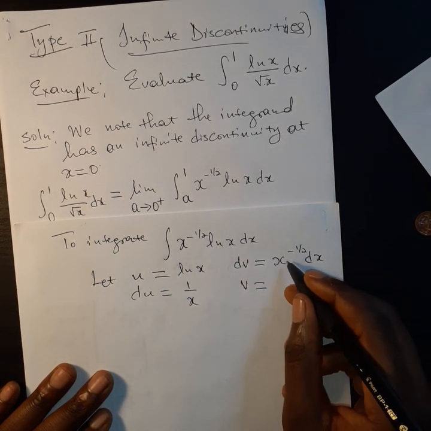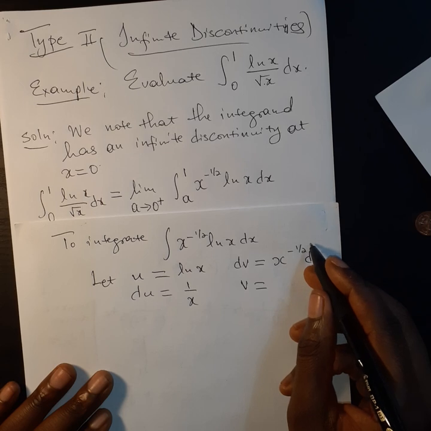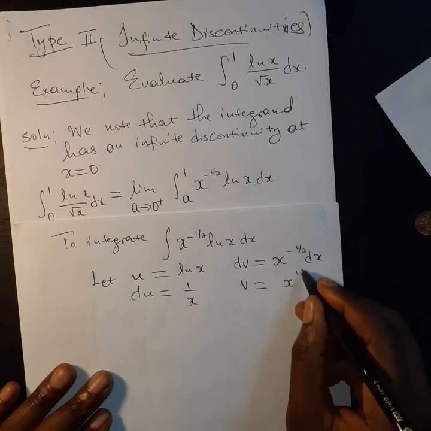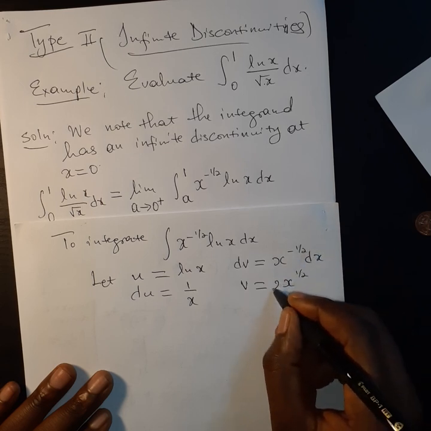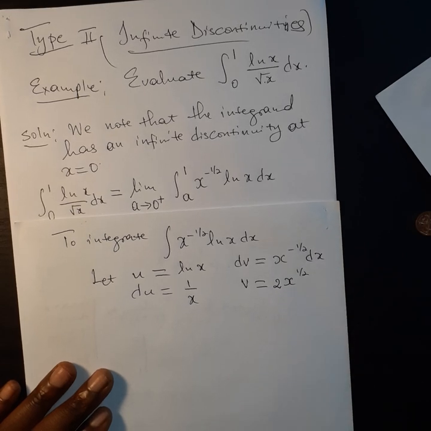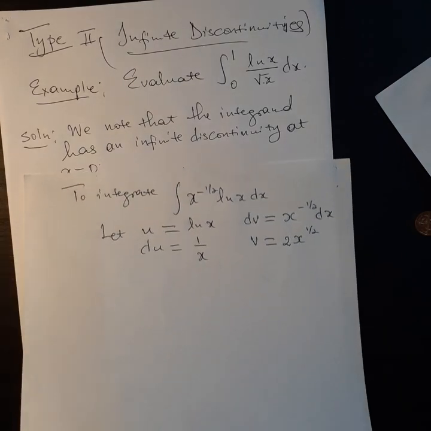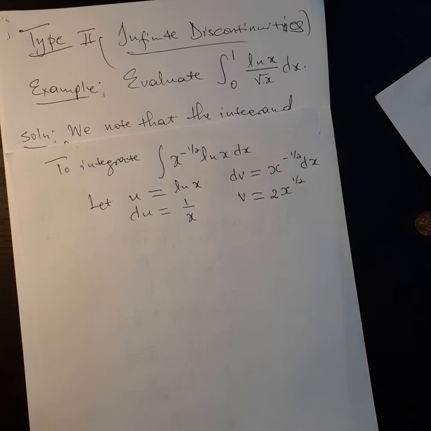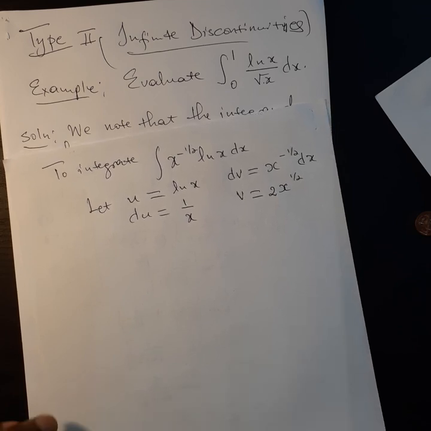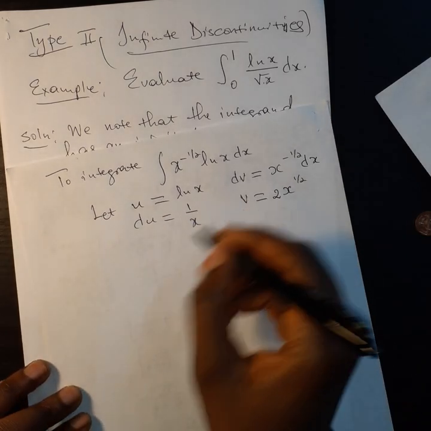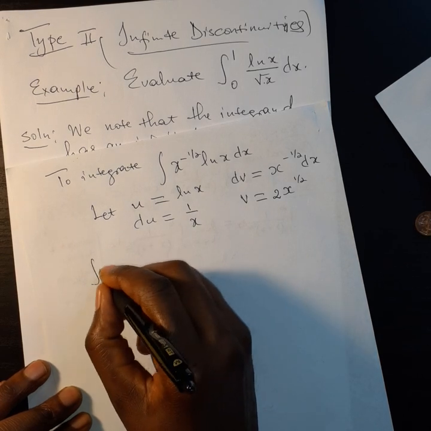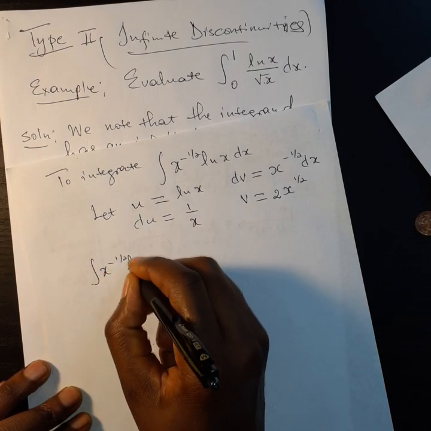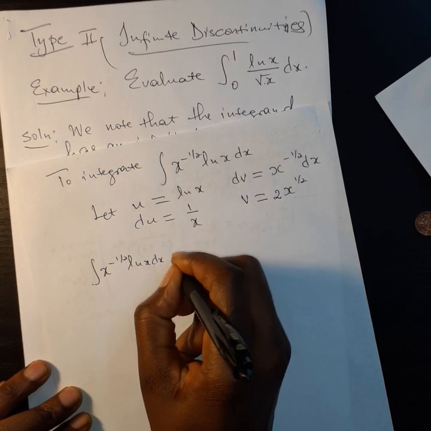V, we integrate this, we add 1 there, it will be half x to the power 1 over 2 divided by half. So we end up with a 2, like that. So it is telling us that the integral of x to the negative 1 over 2 ln x dx is uv.